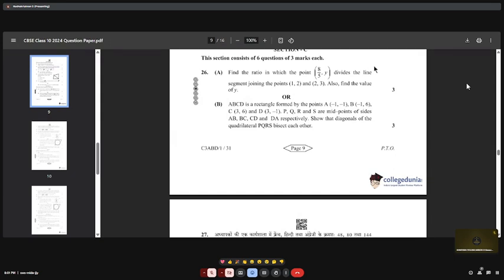Okay, so let's draw the diagram. A is minus 1.